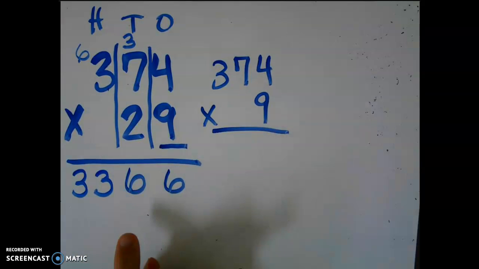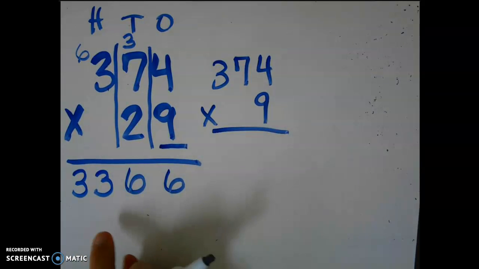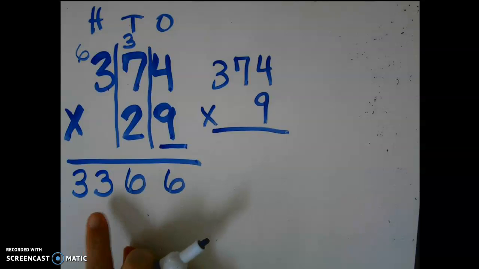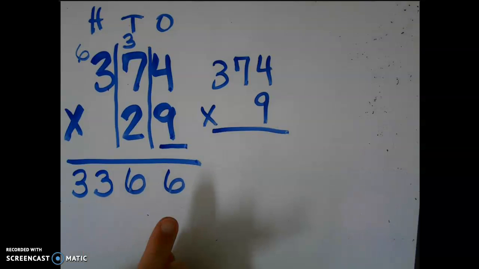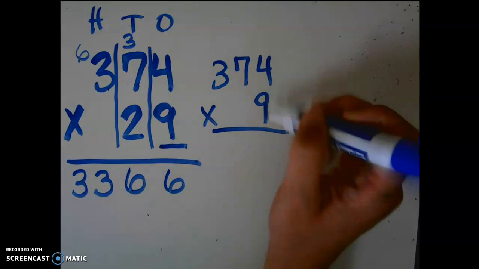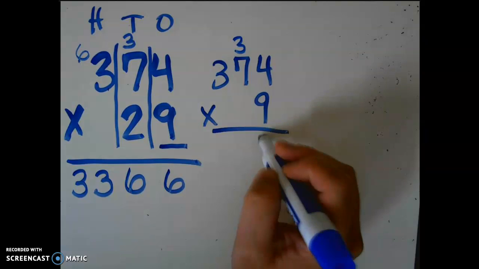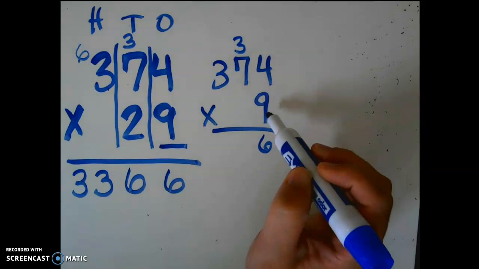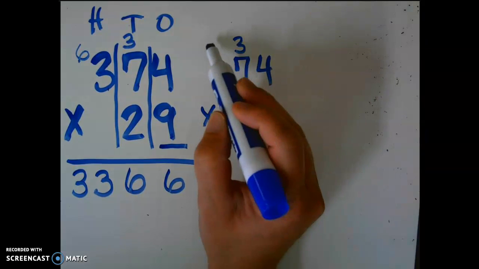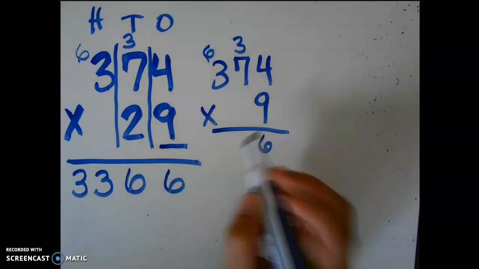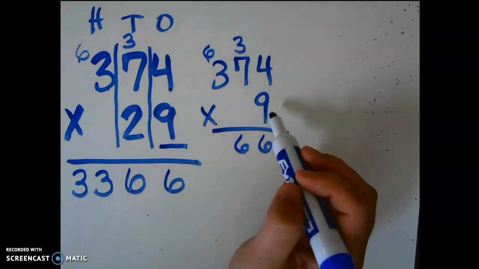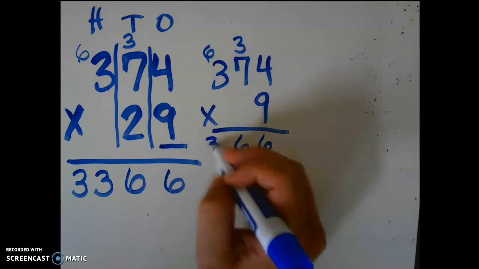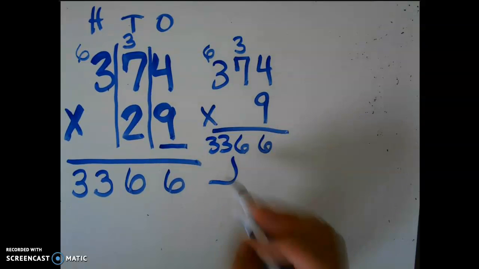So if we multiplied 374 by 9, we would get 3,366. Well, let me just double check and make sure. Okay, yes, it's the same number.